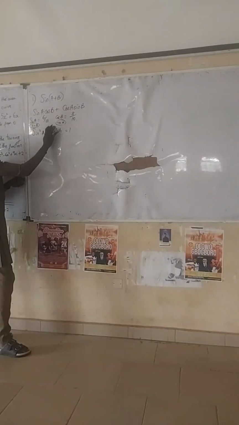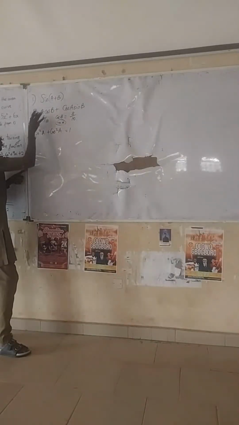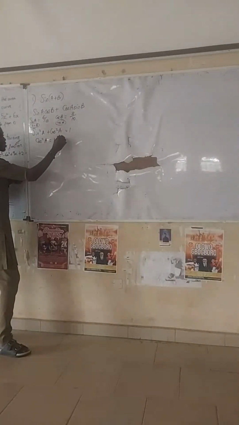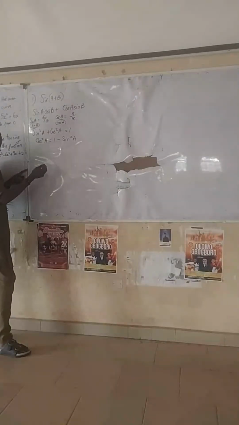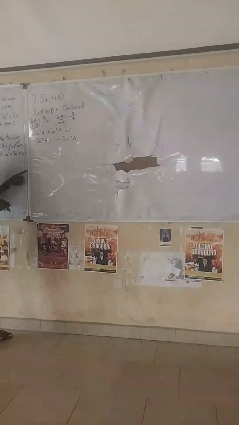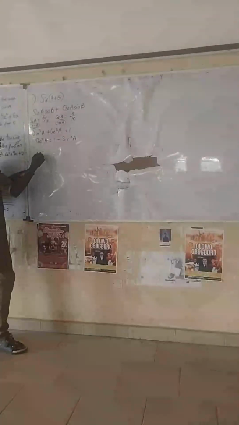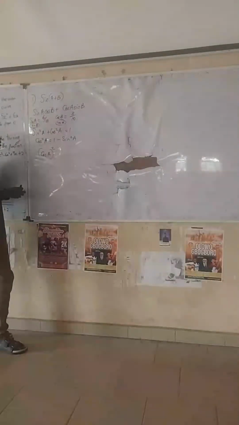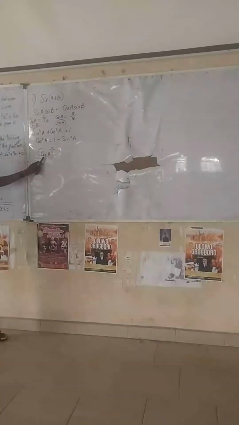So for us to get cos A from this, by making it the subject, we minus sine square A from both sides. So we have cos square A equals 1 minus sine square A. The positive becomes negative. Now, cos square A is written as cos A squared, so for us to get cos A alone, we square root both sides, so that the square root will remove the square.